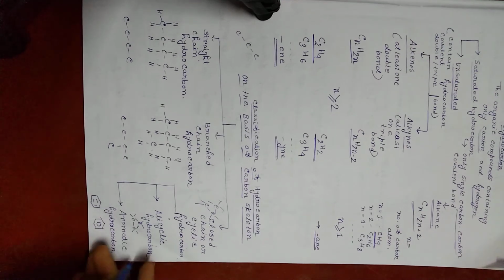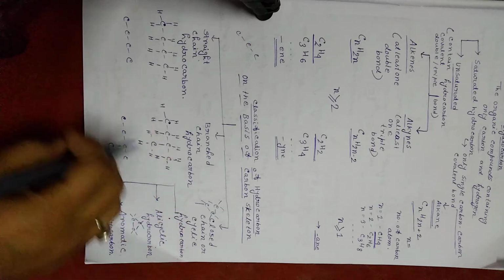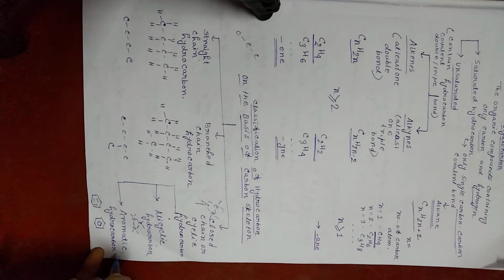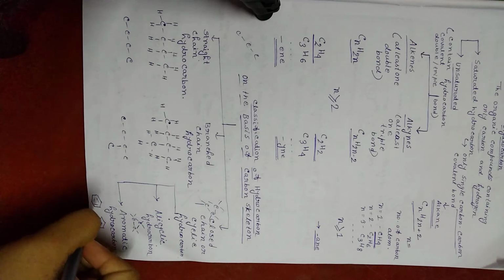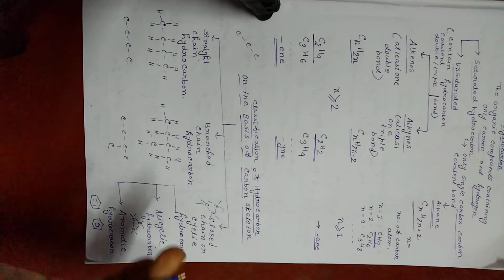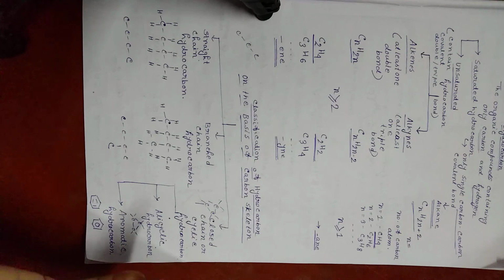Another is aromatic hydrocarbon. You just remember the names of these types. Aromatic hydrocarbons have at least one benzene ring in their molecule. You will read details about aromaticity in higher classes.